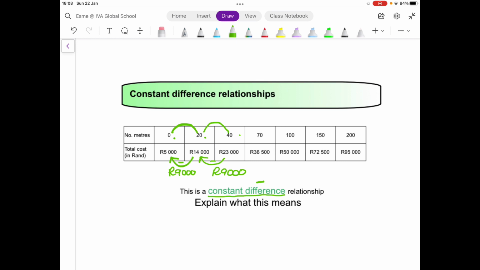So that means that for every 1 meter of fencing, the price increases by 450 Rand. So that is a constant difference.